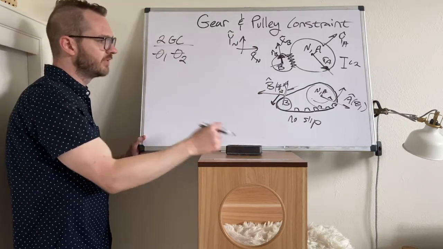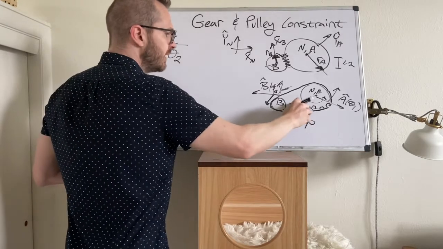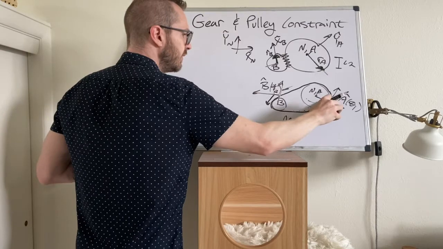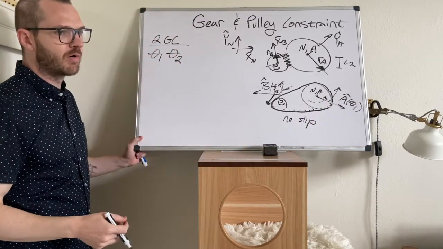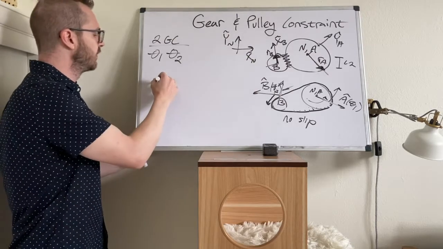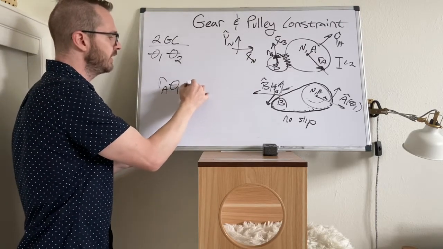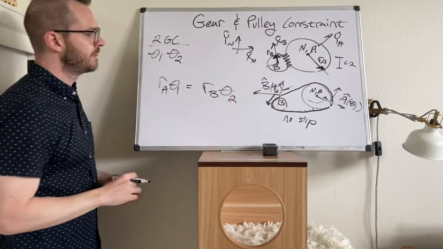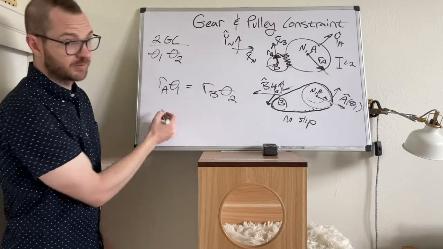So what's the constraint? Well, let's say that this is a smooth belt and there are no teeth. So now the only thing left to work with are the radii. So the constraint this time: R_A theta 1 equals R_B theta 2. And this time, because they are rotating in the same direction, it's a positive relationship between these.